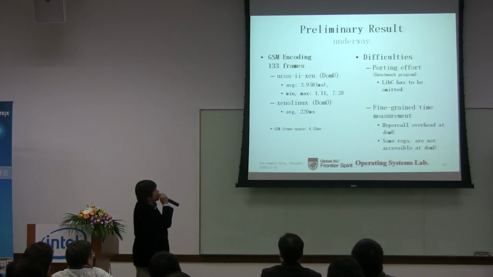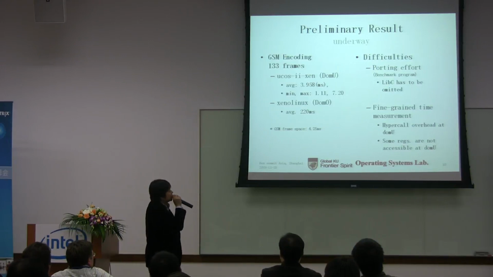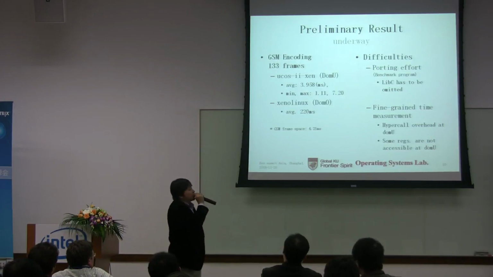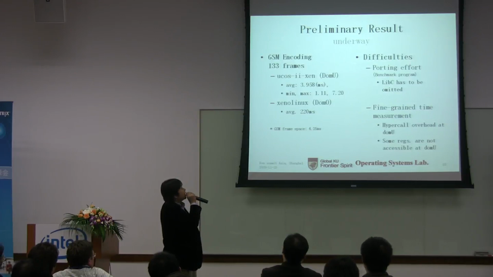So if you do some calculations, general Linux takes about 1.3 milliseconds average. So it is almost tight. It's much tighter than the MicroC/OS case, and you can do some real-time application using MicroC/OS.